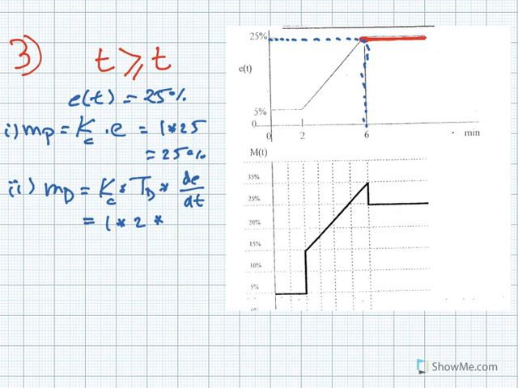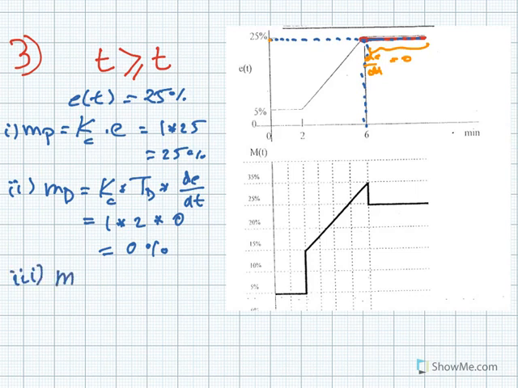We are focusing now on this part. The dE over dt, the rate of change of the error in this part, is 0. So if dE over dt equals 0, then MD equals 0%.